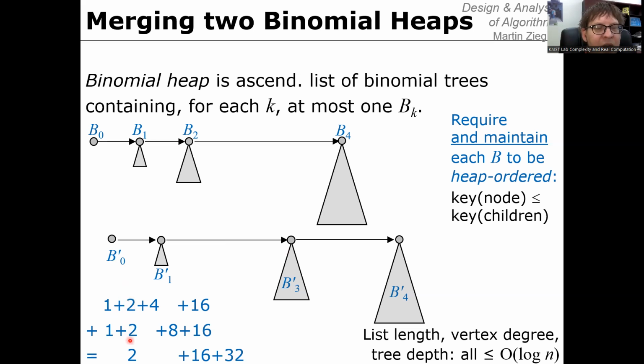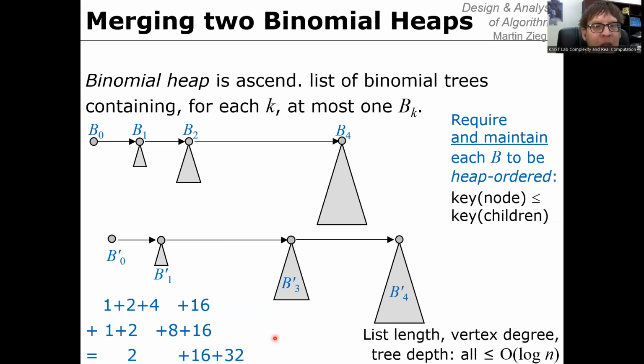There's these two and a carry that leaves 2, and another carry 4, and the carried 4 gives 8, so no element here. The next digit is 0, and a carry. Adding these 2 gives a carry. Now we're adding these 3. That gives 16 and 1 carry. And finally, here's the carry, and then we're done.